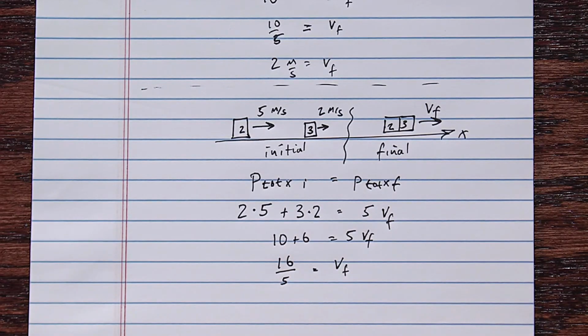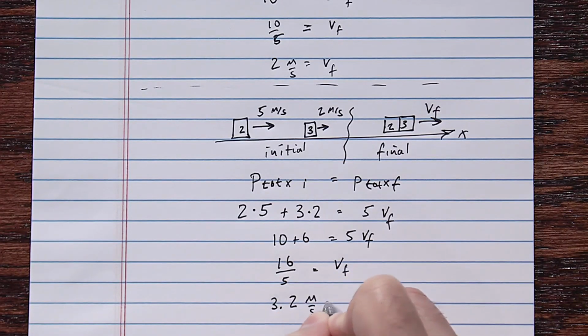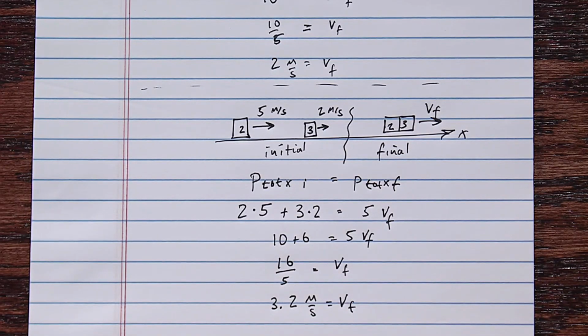And 16 divided by 5 will be 3.2 meters per second is equal to V final.